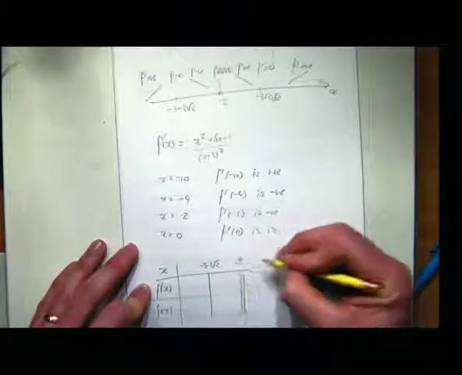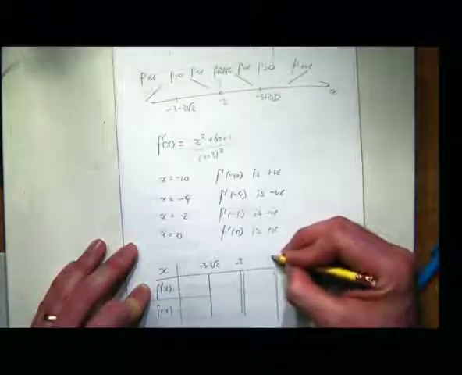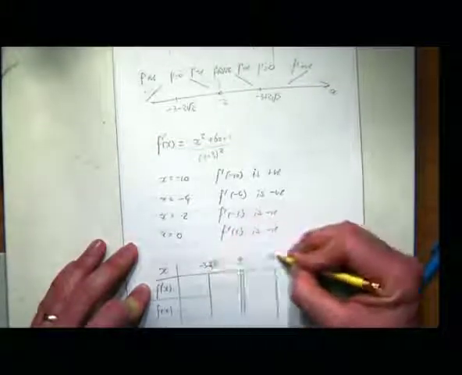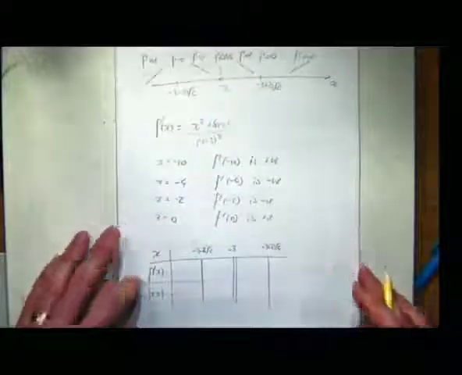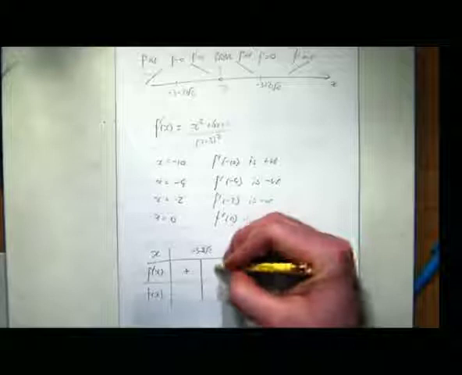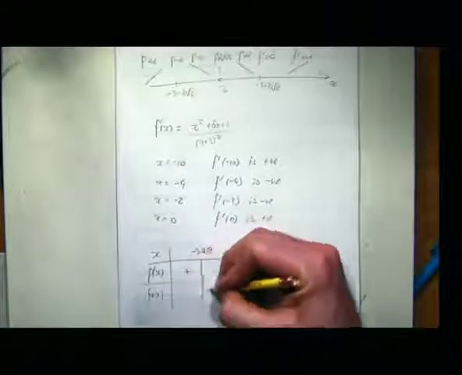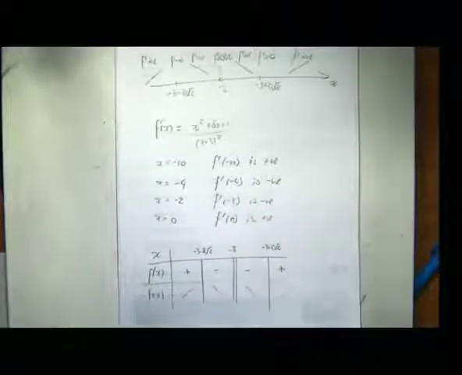Double line at -3 because it's not actually defined there. And then my f dash x is positive here, negative here, negative here, positive here. Alright, that's not too bad.